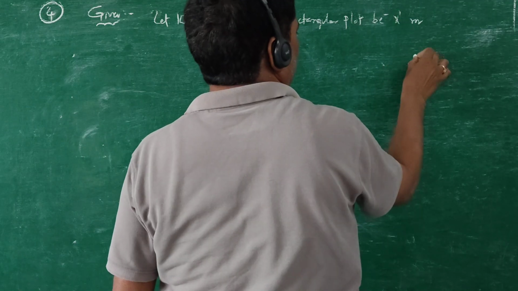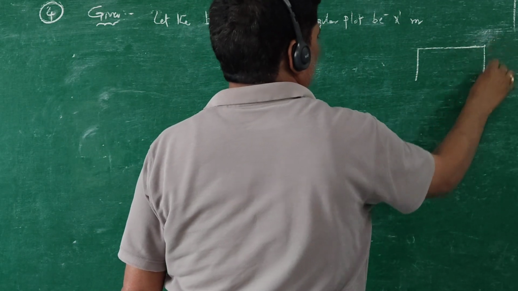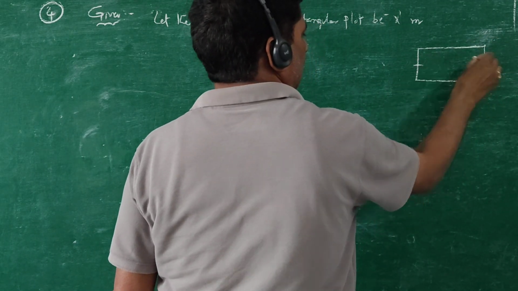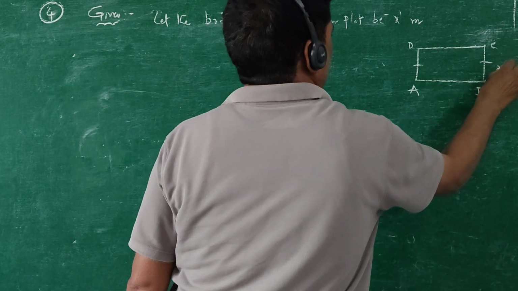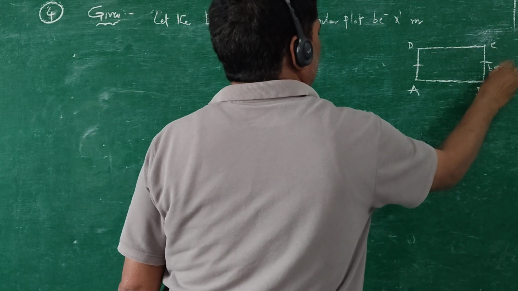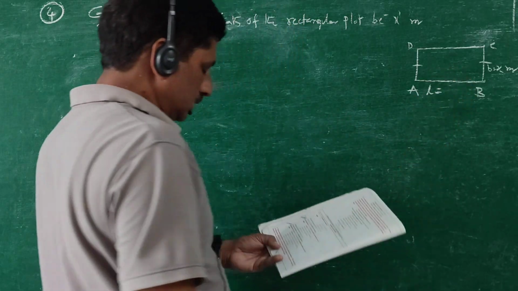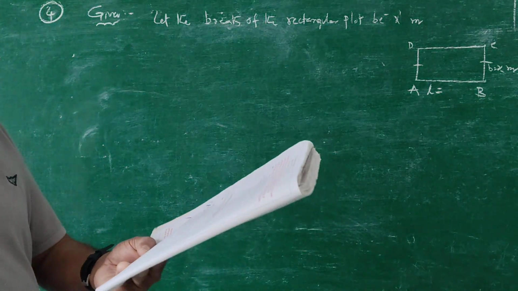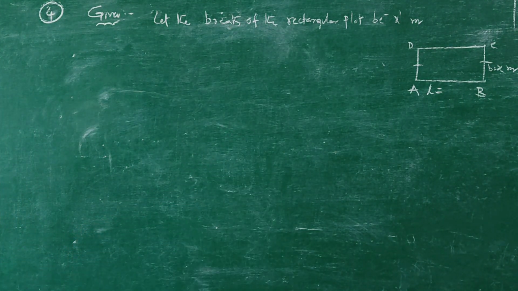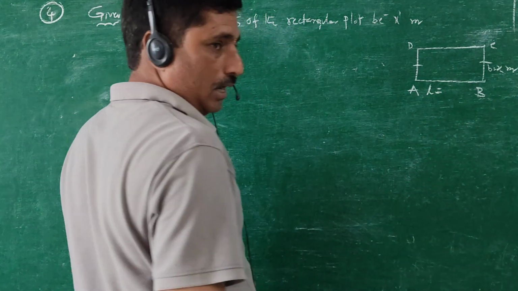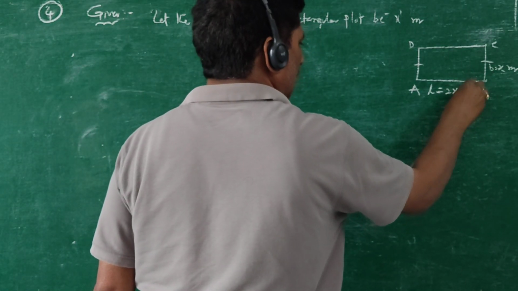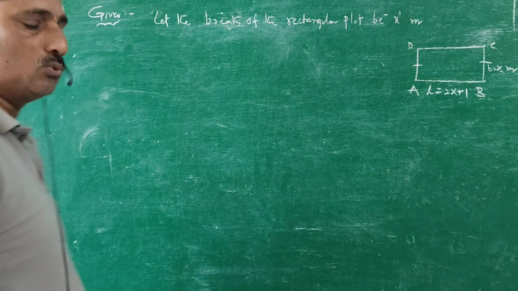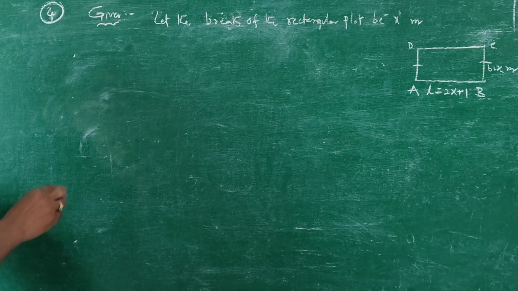Then the length becomes 1 more than twice its breadth. Twice its breadth means 2x, and plus 1 more, so 2x plus 1 meters. I hope you understand.